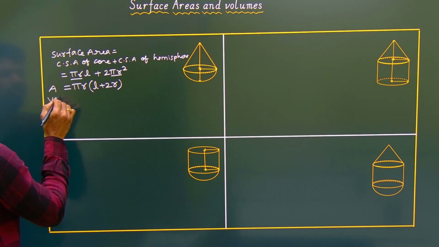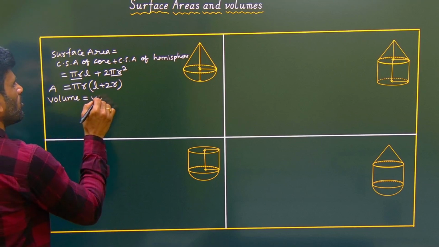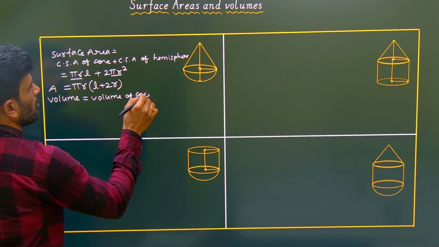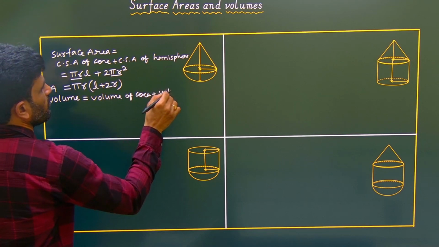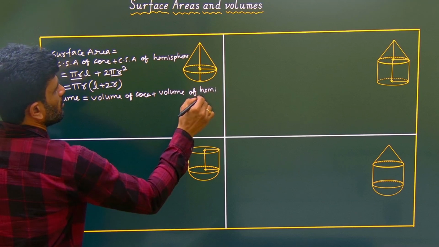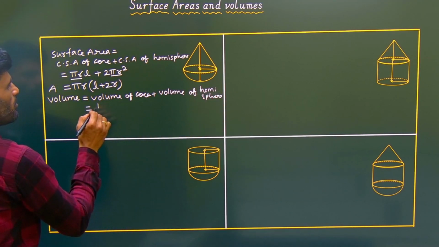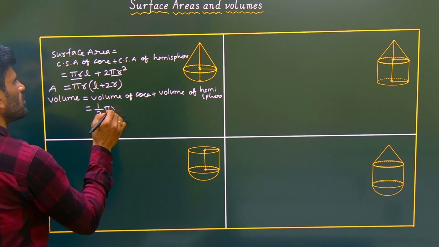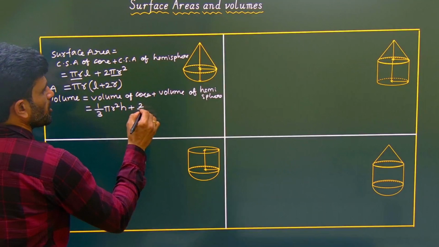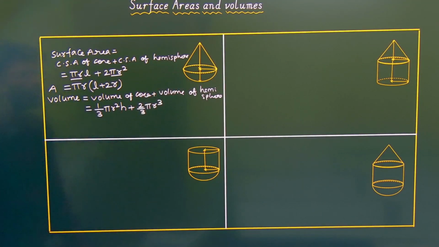Similarly, we can find out volume of the solid. Volume of the solid is nothing but volume of cone plus volume of hemisphere. So volume of cone is what? 1 by 3 pi r square h plus volume of hemisphere is 2 by 3 pi r cube. We have seen before. Because both are having common radius.